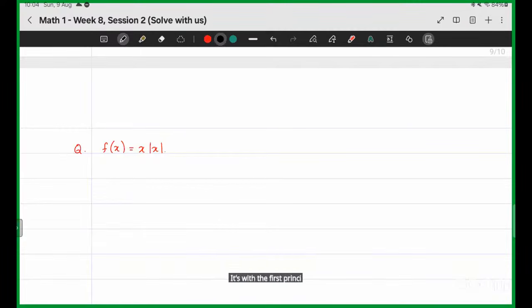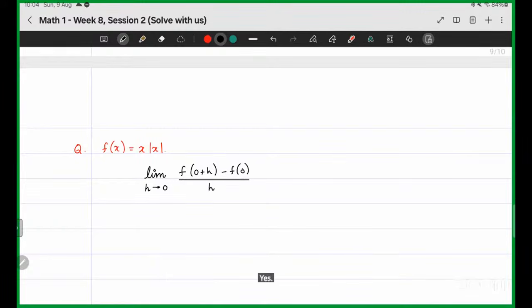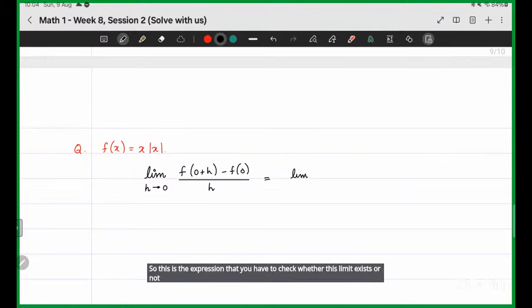Okay. So for the first principle, what is it that you have to check? You have to check whether the following limit exists. Again, for this function, the only point of interest is x equal to 0. That is fine, right? So this is the expression that you have to check whether this limit exists or not, to check differentiability from first principles.